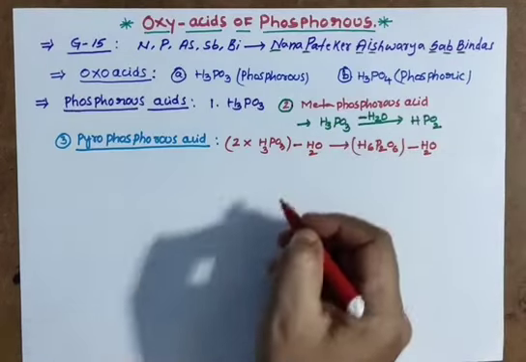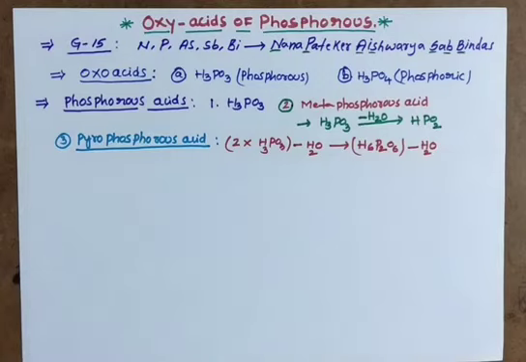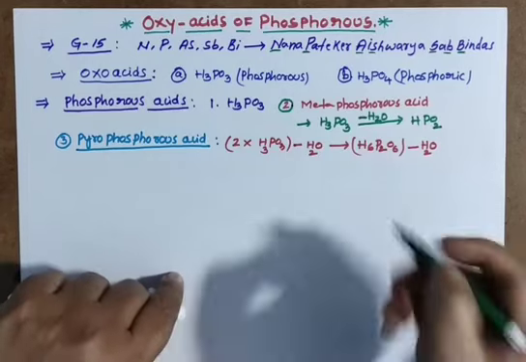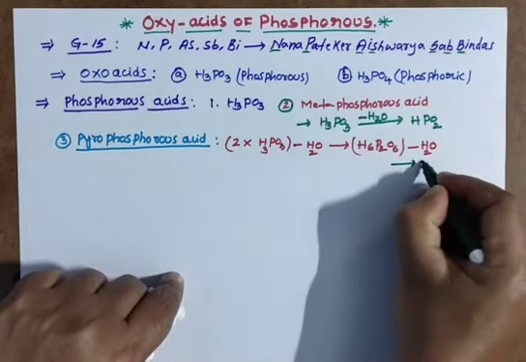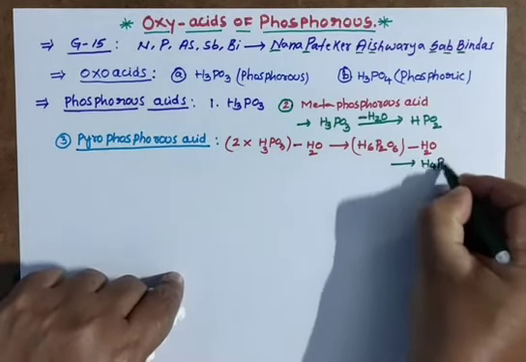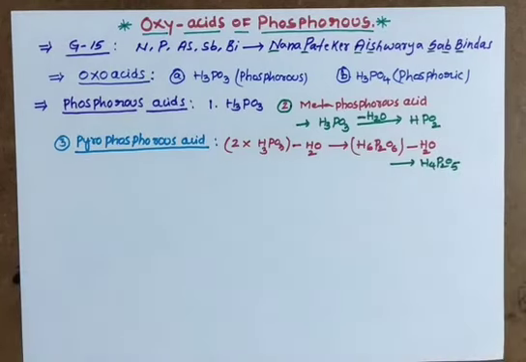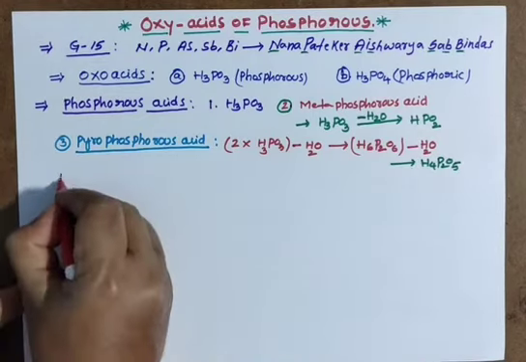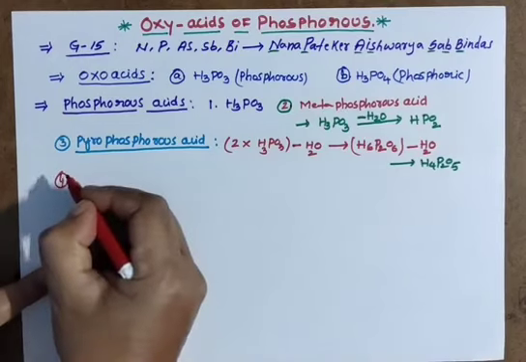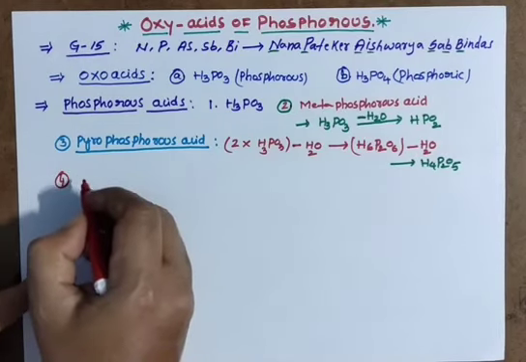So finally what you are getting? H4P2O5. This is pyrophosphorus acid.